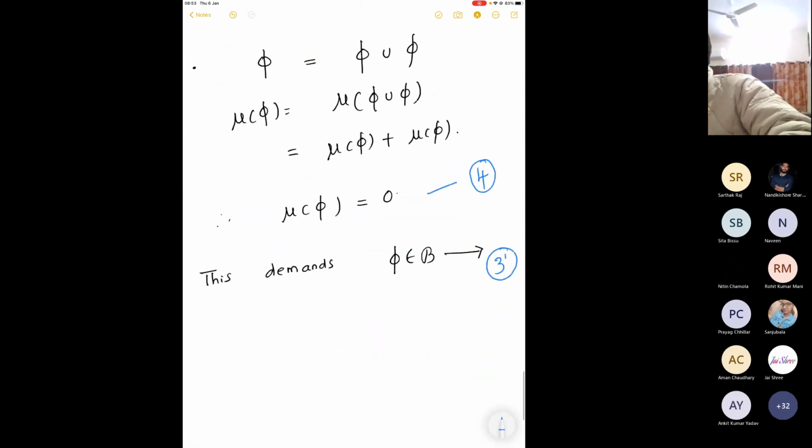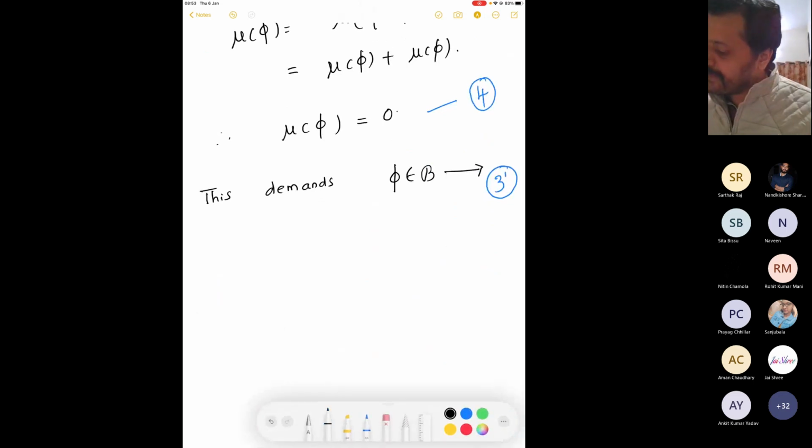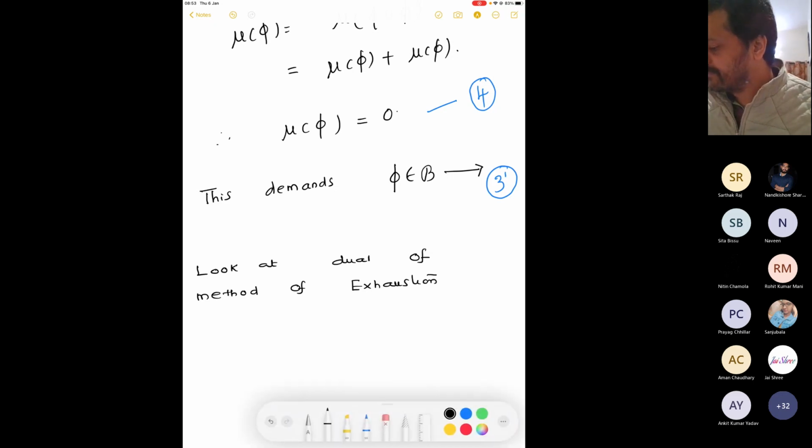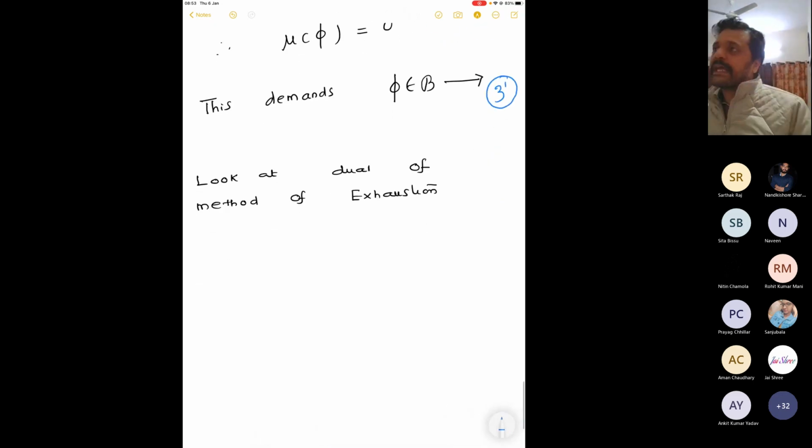Okay. So let us look at the dual of method of exhaustion. There we were considering E1 contained in E2 contained in etc., successively better and better in the inscription form.